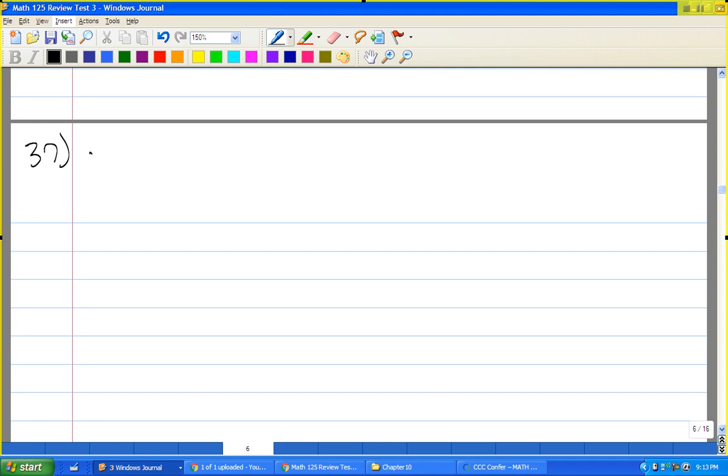Radical 21 minus x is equal to x minus 1. Since the radical has already been isolated on one side of my equation, let me square both sides of my equation to get rid of the square root.